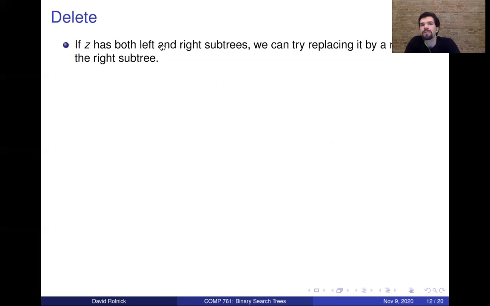But what if we have both left and right subtrees? We can try replacing z with a node in the right subtree. Let's just suppose we're doing it in the right subtree. It would work either way.